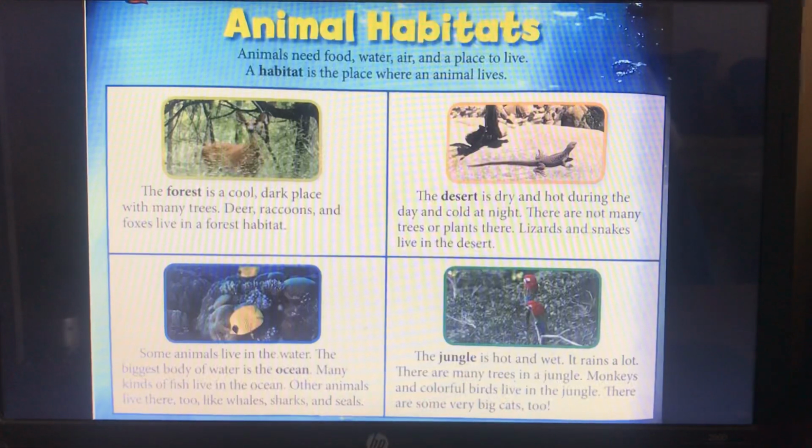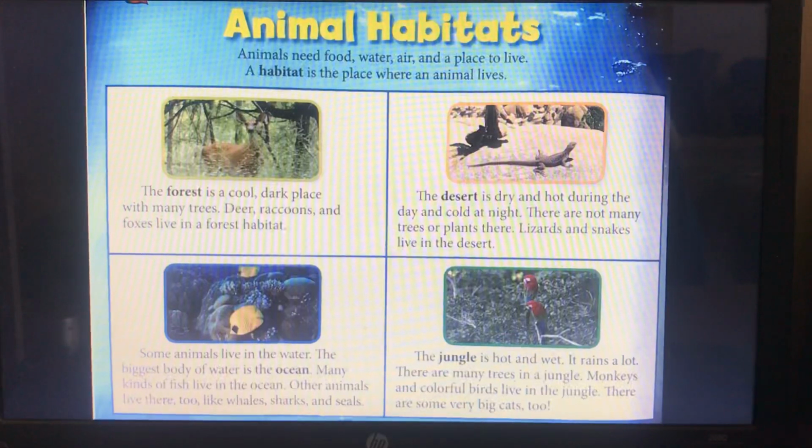The desert is dry and hot during the day and cold at night. There are not many trees or plants there. Lizards and snakes live in the desert. Some animals live in the water.